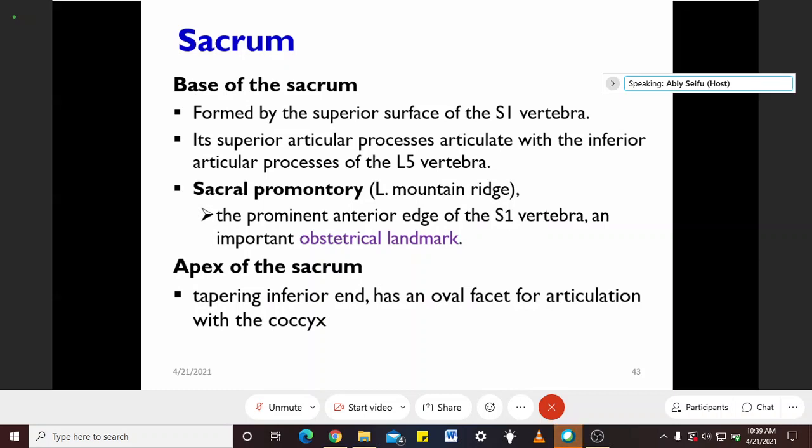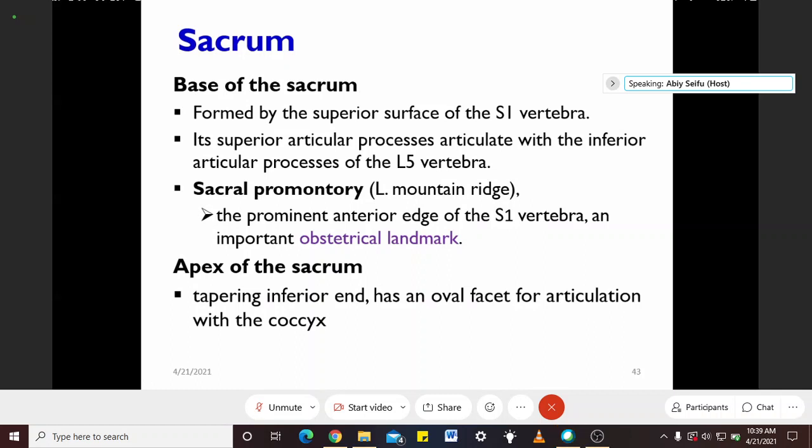They use this sacral promontory to measure the diameter of the pelvic cavity. The sacral promontory is more prominent in males than females.